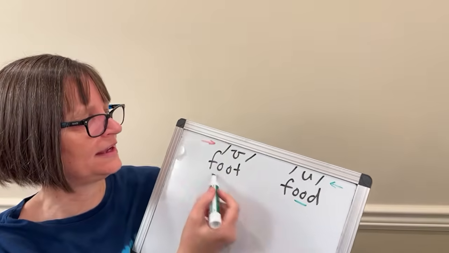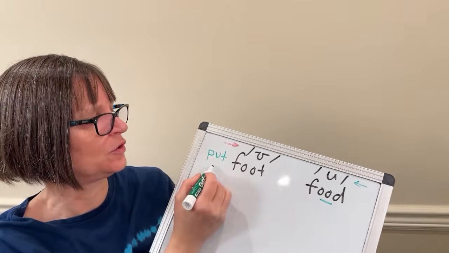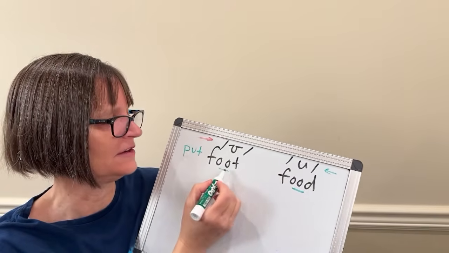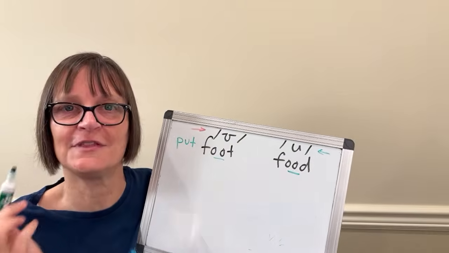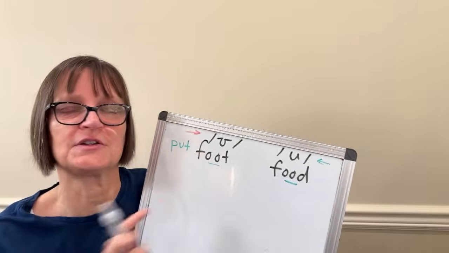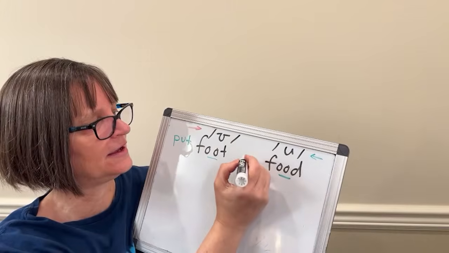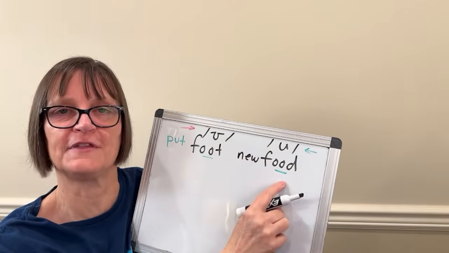So one thing I like to do with this vowel is show you some other words that are spelled differently so that you're not confused by the letters OO. For example, put and foot have the same vowel sound. So you can practice put your foot versus something like new food. Those both have the oo vowel.